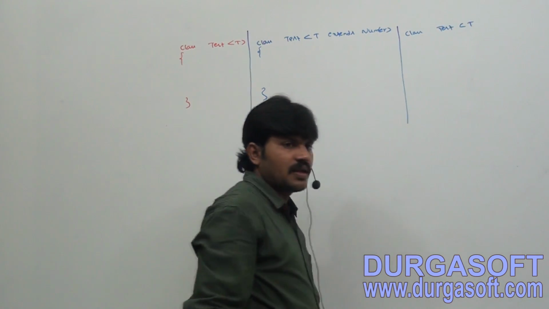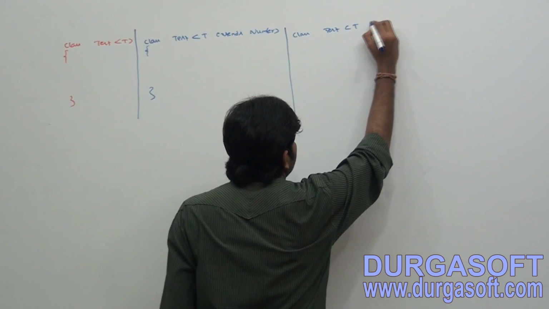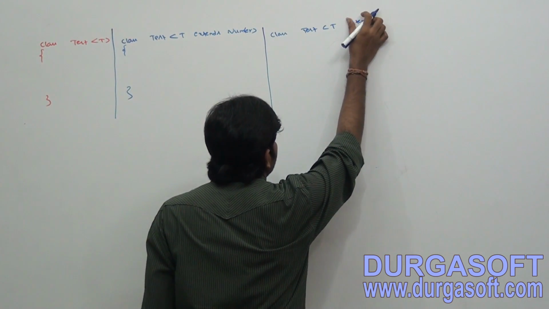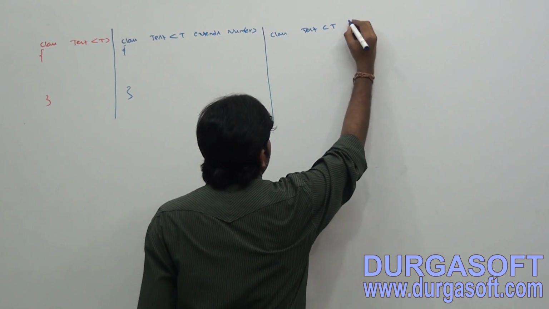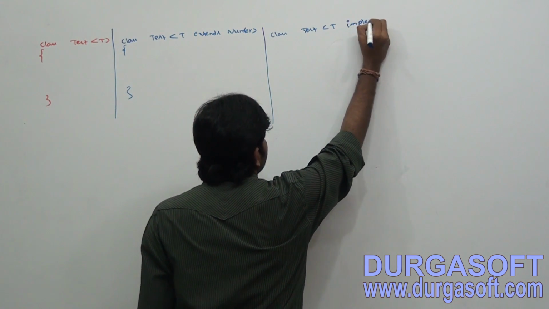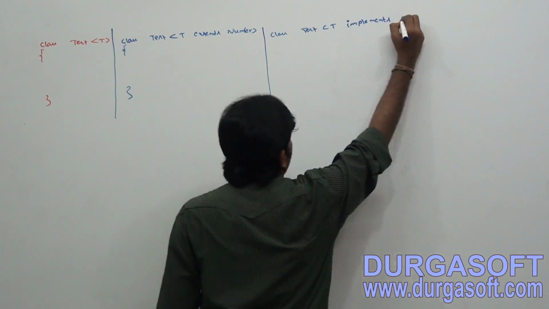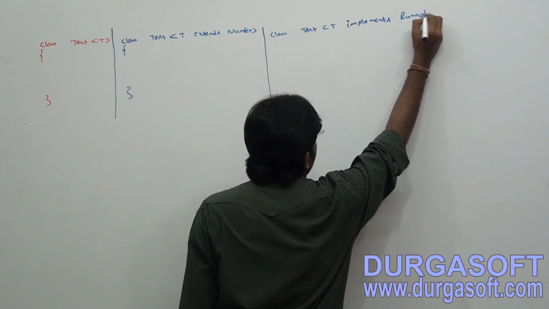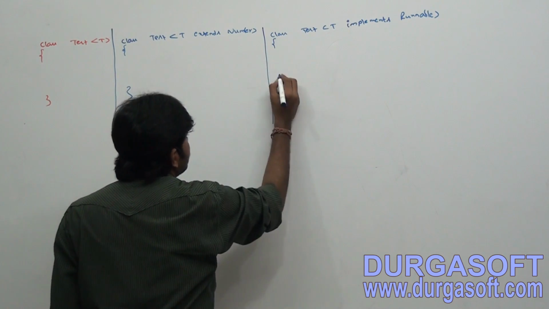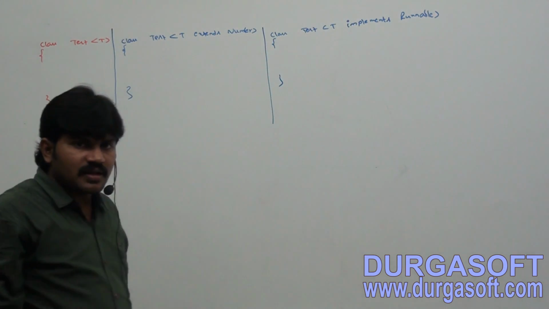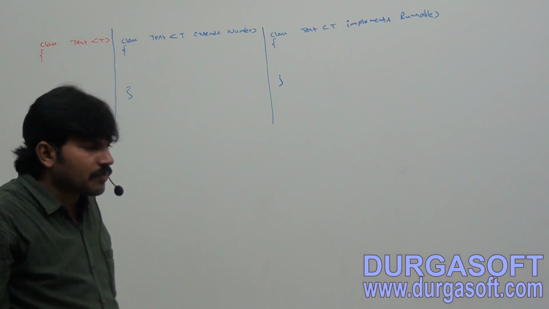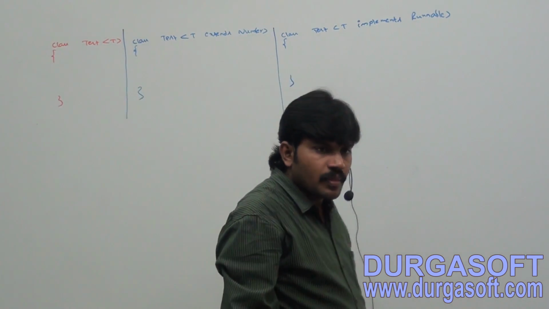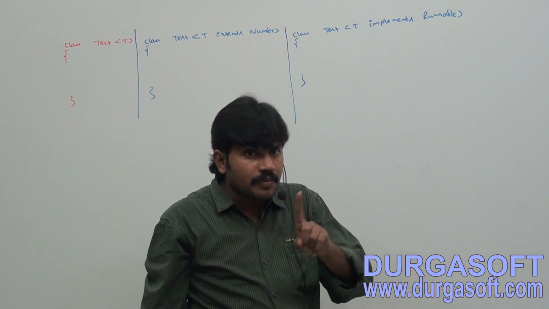Now I am taking class Test<T implements Runnable>. Can you tell which thing we can pass at the type parameter? Either Runnable or its implementation classes.